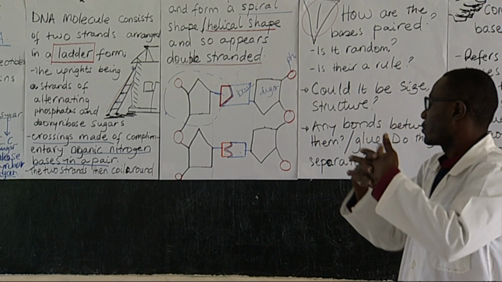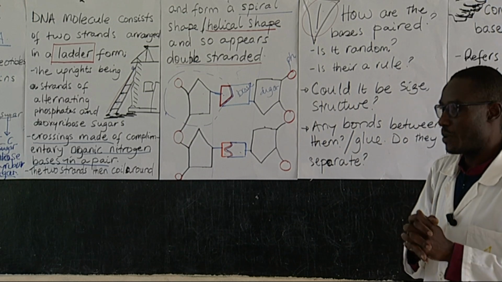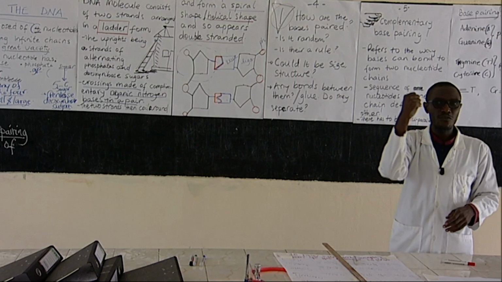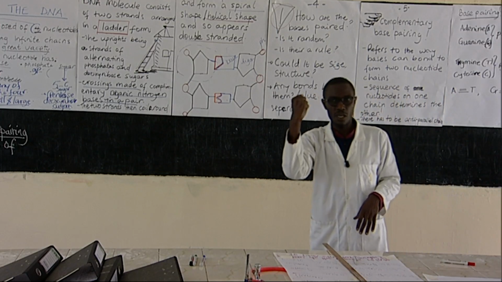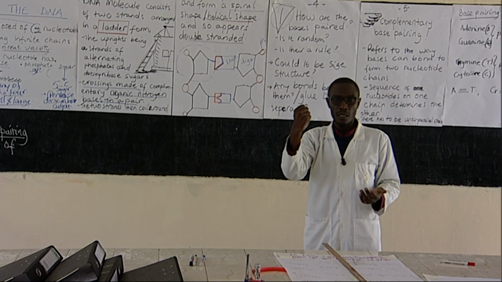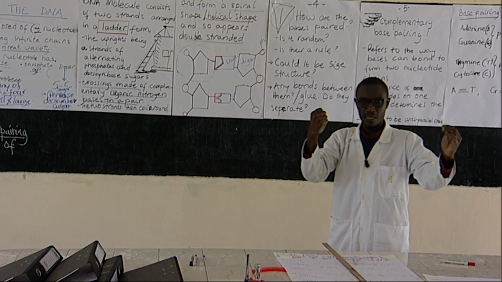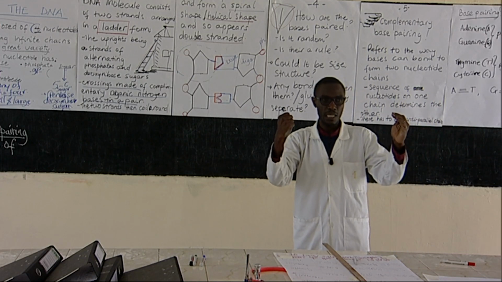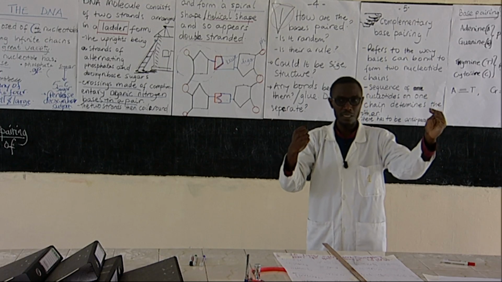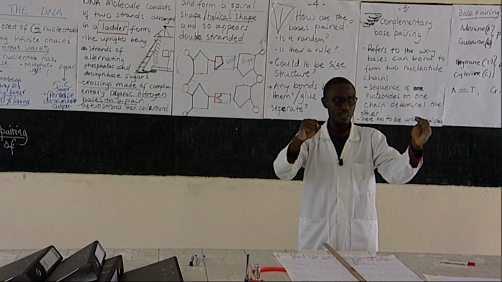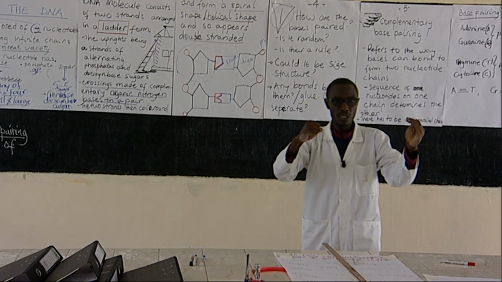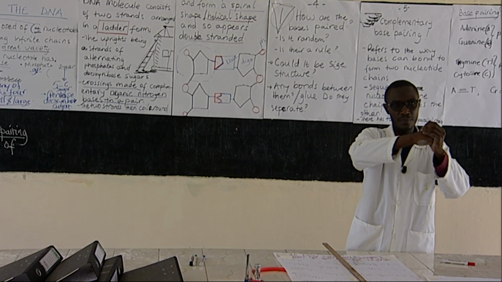Which takes us to this wonderful and interesting part. If I have my structure here, and I have another one here, these two are not the same. This is curved inwards, this is curved outwards. It therefore means that this would lock in here.